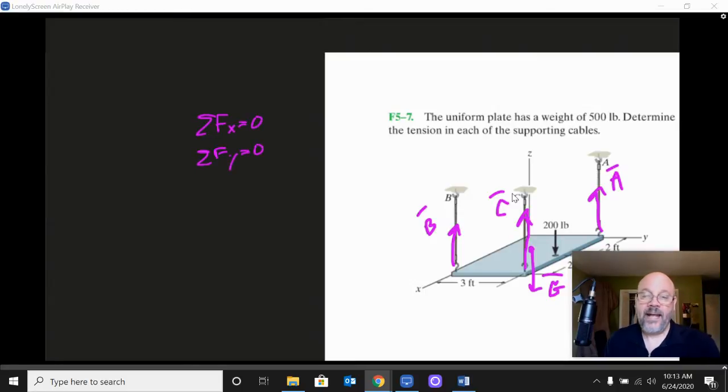And again, none of our forces have any kind of a y component. And so that's not going to be a factor. That's not helpful at all. We've got x, y, and z, so we can sum the forces in the z direction here. Aha, now that looks like it could actually be helpful.